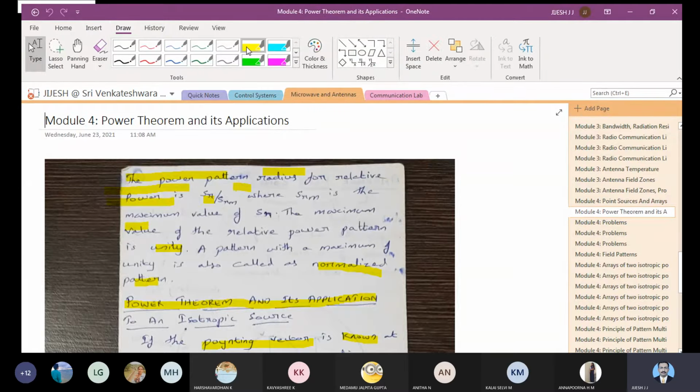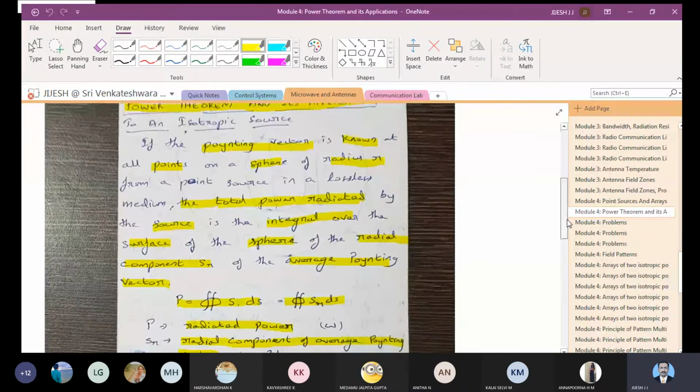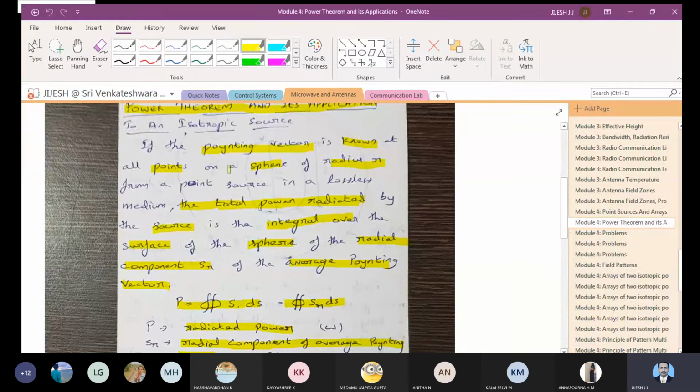Also, you have the power theorem, which we have discussed before. In the power theorem, we know that the Poynting vector, of a sphere of radius r, and the total power radiated by the source is the integral over the surface of the sphere.